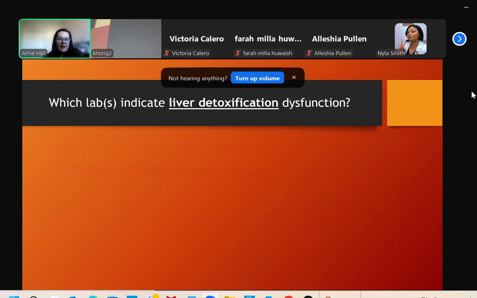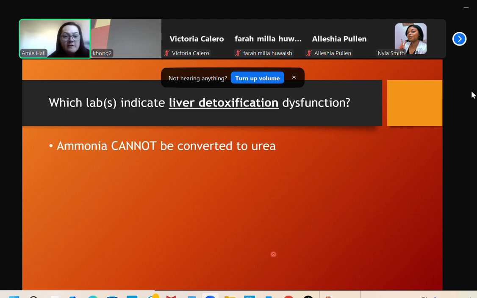Okay, which labs indicate liver detoxification dysfunction? All right. So our liver is responsible for detoxifying substances, and if it's not working, one of the substances that becomes a big issue for patients with cirrhosis is ammonia.